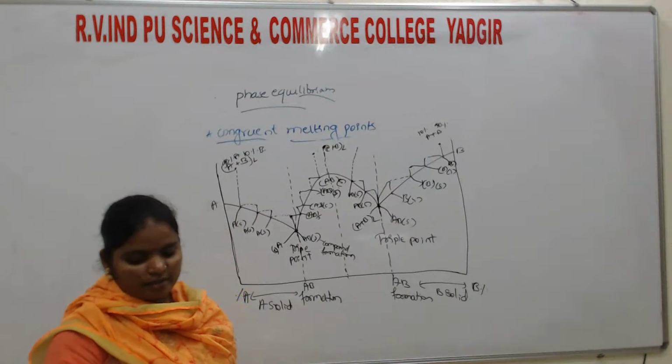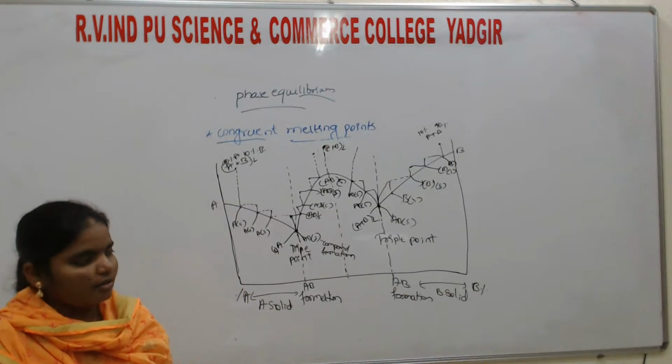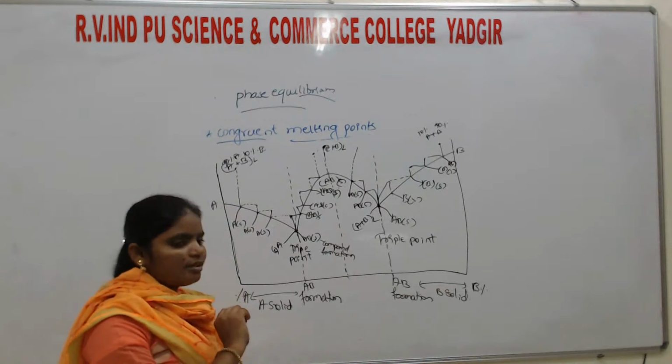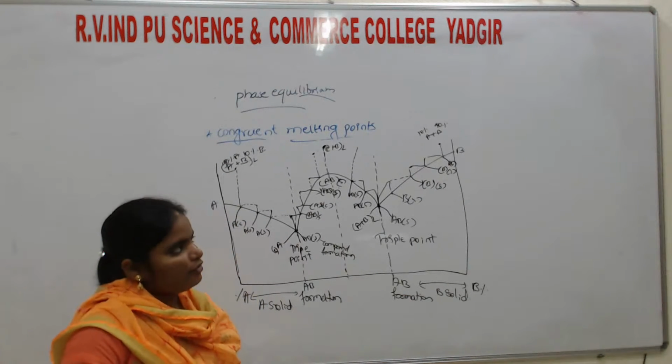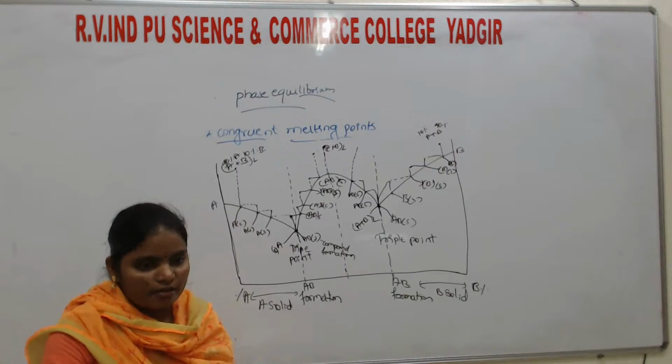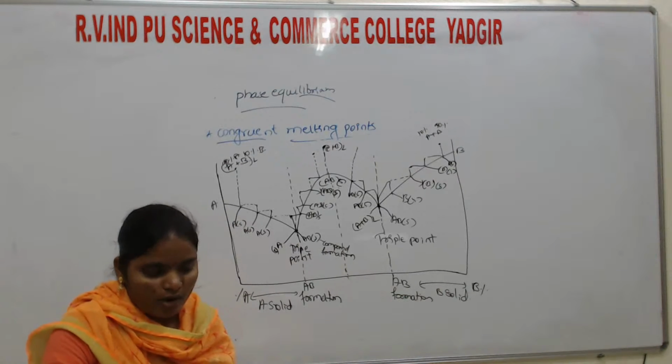For example, in your syllabus on this congruent melting point, the ferric chloride and water system is there.